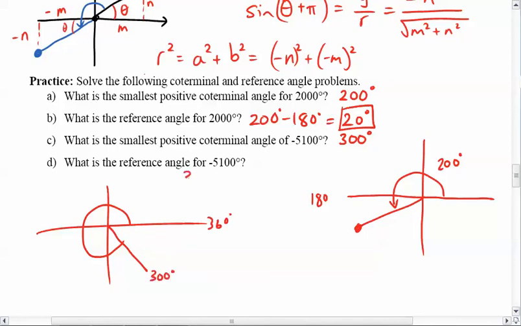So the reference angle is how much less it is than 360. And there's no special angles for those ones. Or, I mean, for the first one. So 20 degrees doesn't have a special angle. There's nothing really that you could do to find out that ratio except for plugging it into your calculator.